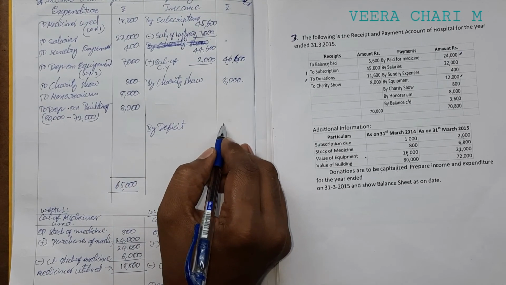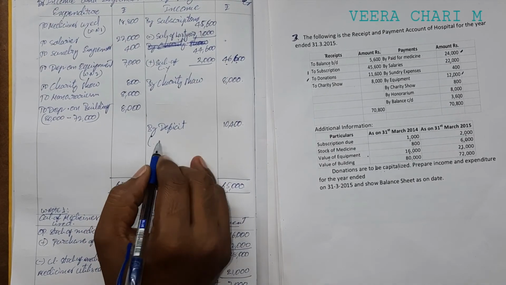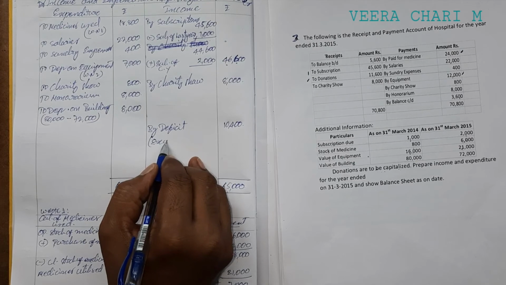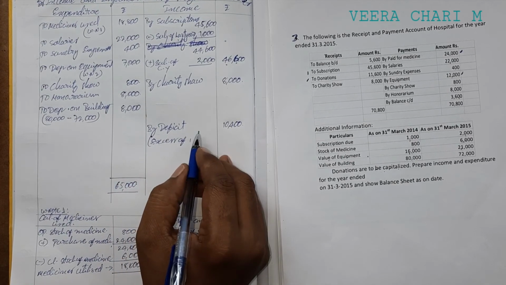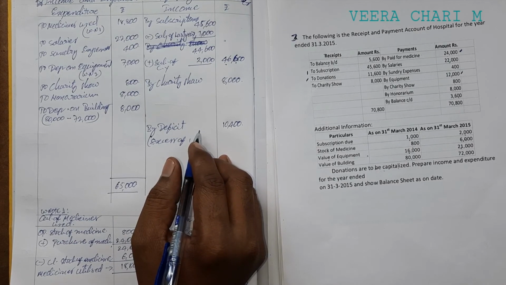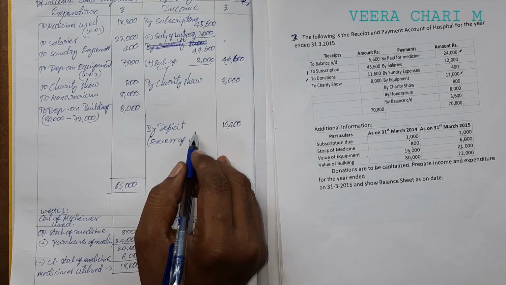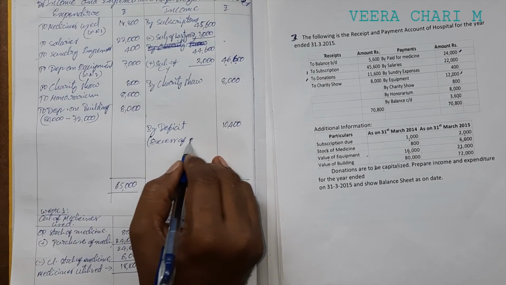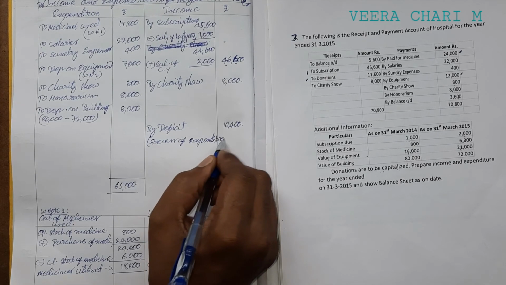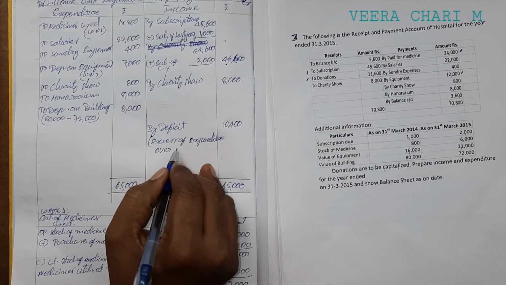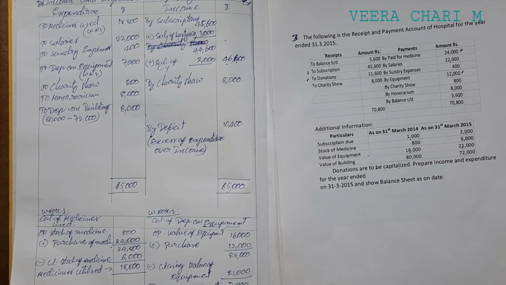That is 10,400. It is called excess of expenditure over income, since here expenditure is more. So that is a deficit.